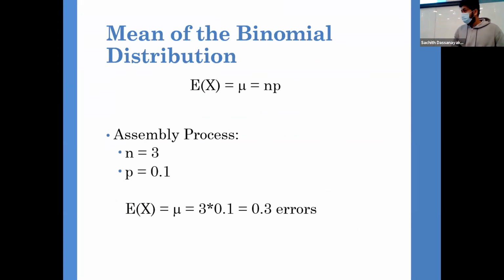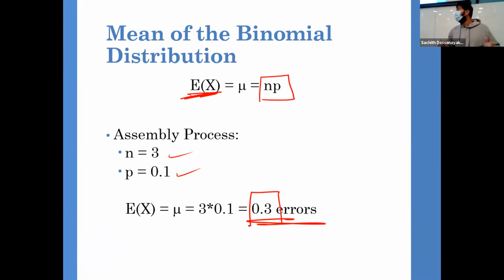The mean of this binomial distribution, which means the expected value, we can simply calculate as n times p, n times the success probability. If n is 3 and the success probability is 0.1, the expected value or mean is 0.3.